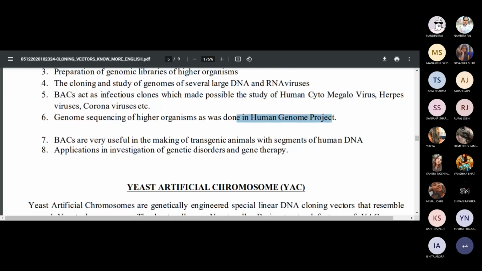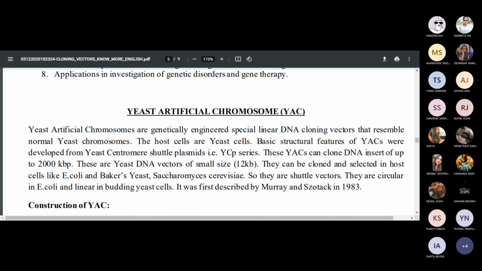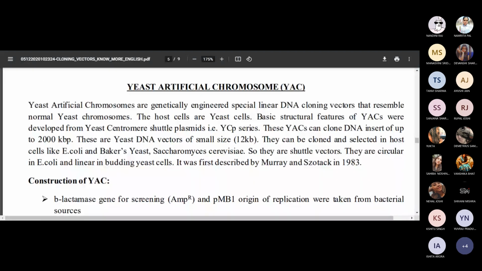The next type of artificial chromosome is the yeast artificial chromosome. So far we have utilized the bacterial system; now we are going to utilize a eukaryotic system. The clones we have referred to can only be used in bacteria. But if you want to clone in a eukaryotic system, for expression or some other activity, not all the activities of the human body are possible in a prokaryotic system.